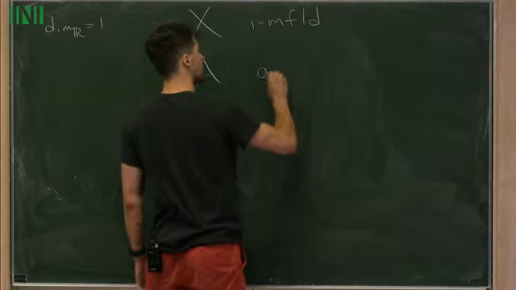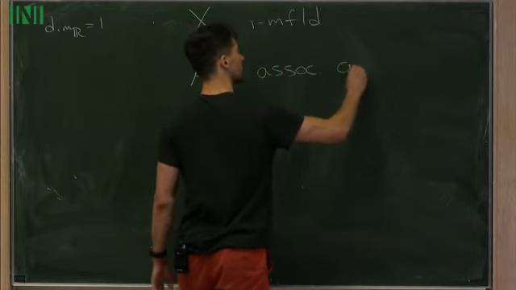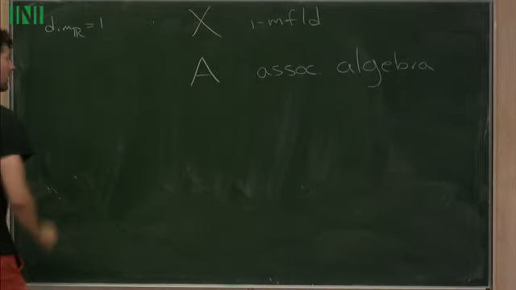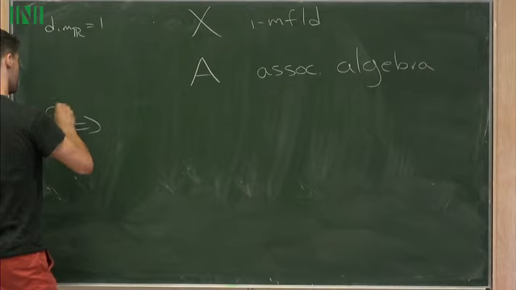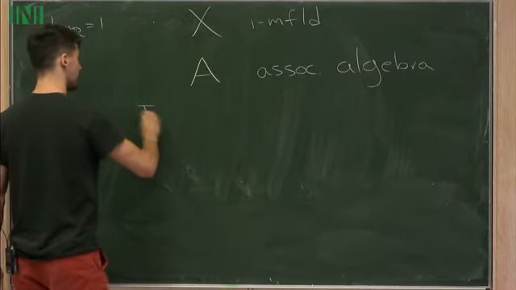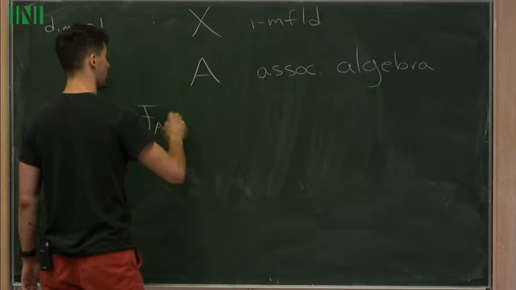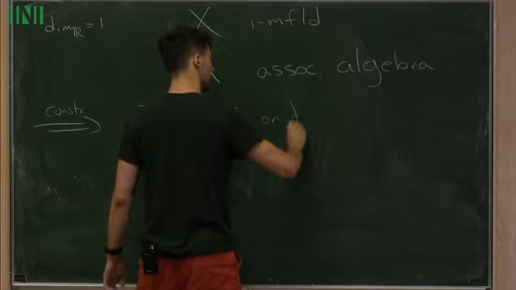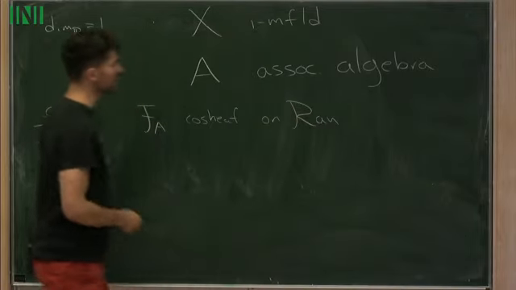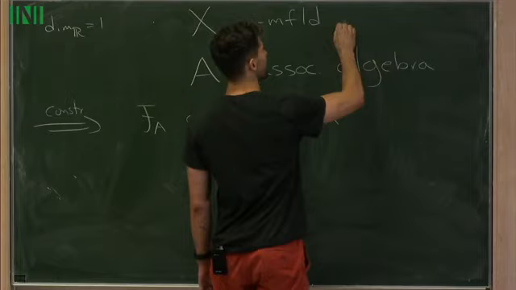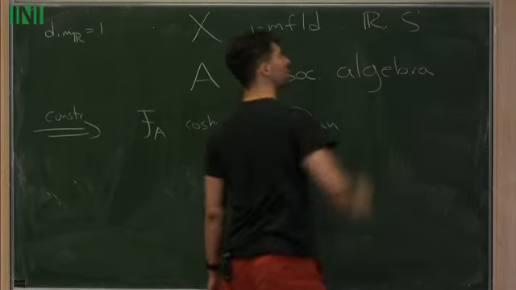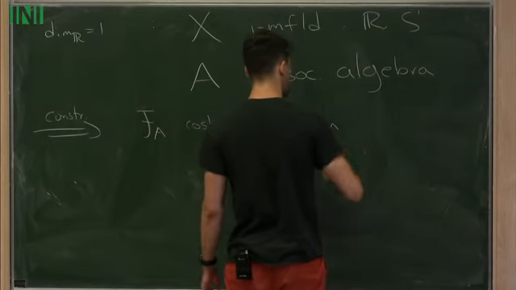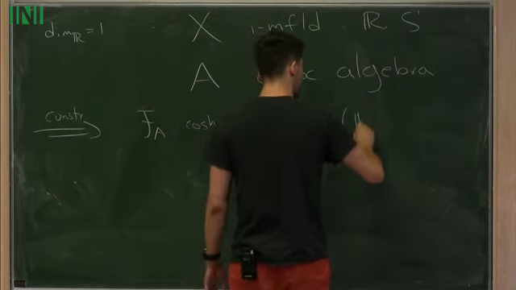The algebraic input A is an associative algebra. And now there's a construction which produces F sub A, a cosheaf, which on the Ran space of, well, whichever 1-manifold you wanted. This could have been the real line, this could have been the circle, or it could have been any finite disjoint union of the two of those, but just for specificity, let's say on the real line.